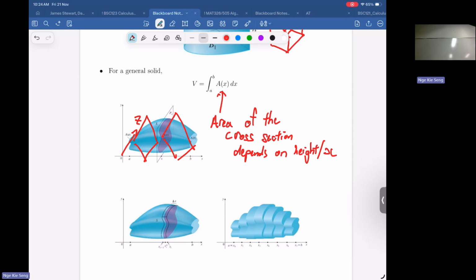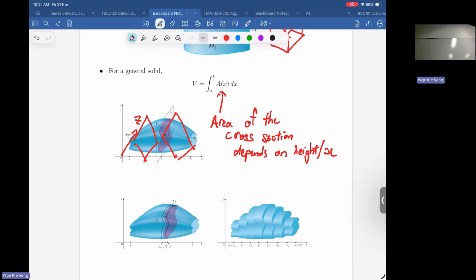So you can think of a Riemann sum like a low resolution. You know what's low resolution? You watch YouTube, you watch TikTok. You know low resolution, 360p versus 1080p. So this is like 360p. This is like 1080p. You can see the real solid.